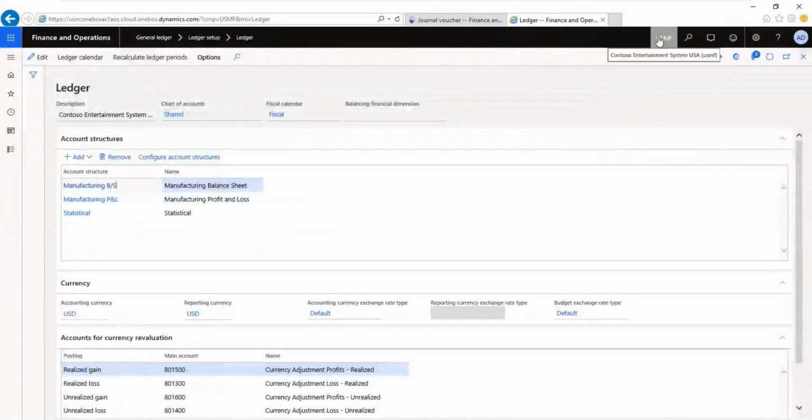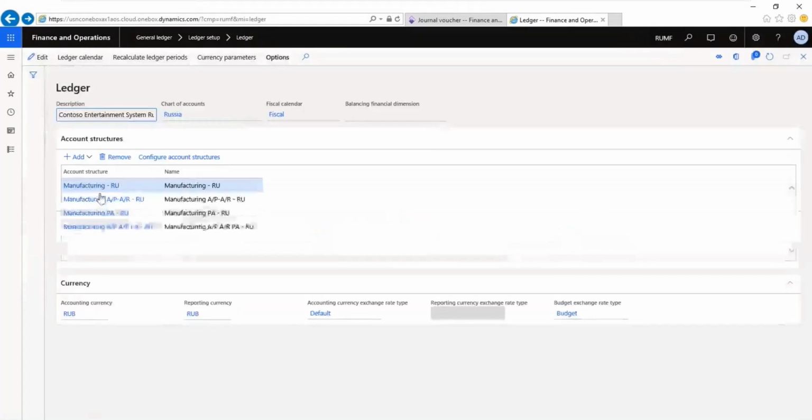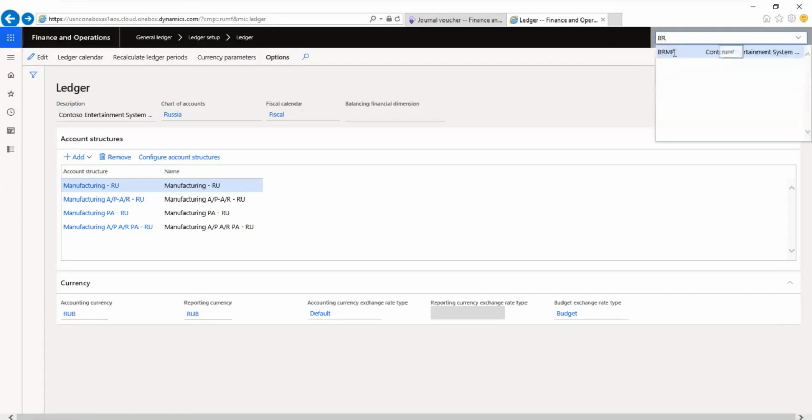For this USMF company, I'm following these two. If it is the Russia company, RUMF, it has different structures, and they follow those. If it is Brazil, they may have a different company with different structures.